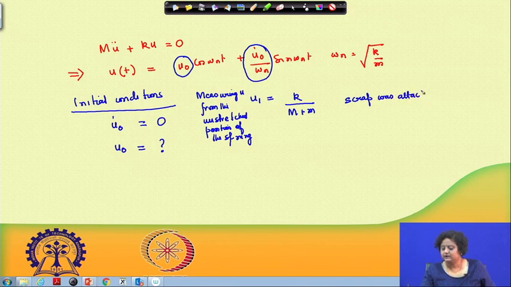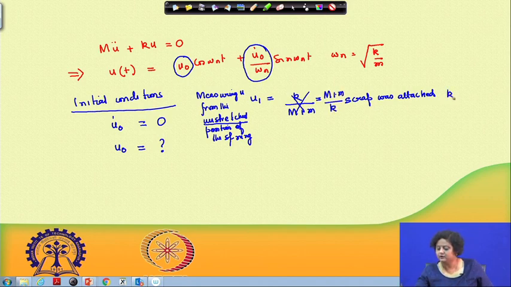It was in the static equilibrium position of the body. So u1, measured from the unstretched position of the spring, is (M plus small m) g by k.